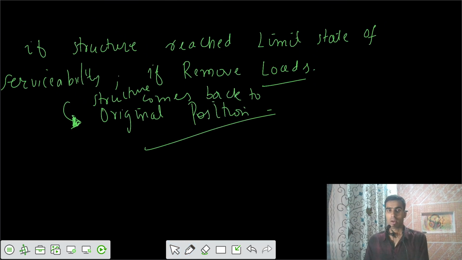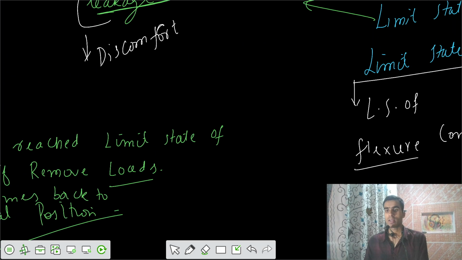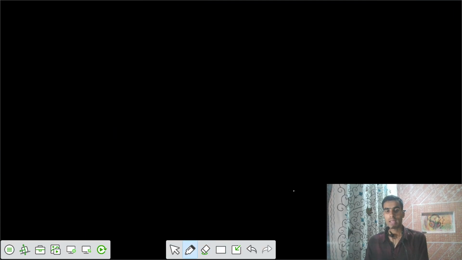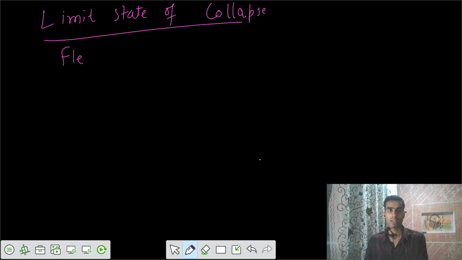Now we are studying the limit state method, and the limit state of collapse. The first topic is the limit state of collapse in flexure, that's bending. The first thing is the characteristic strength of the materials.